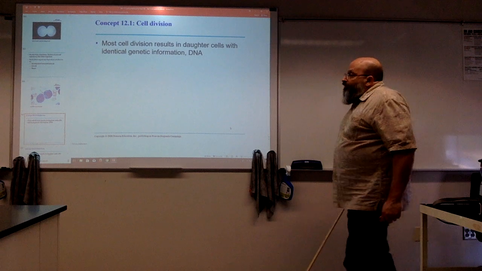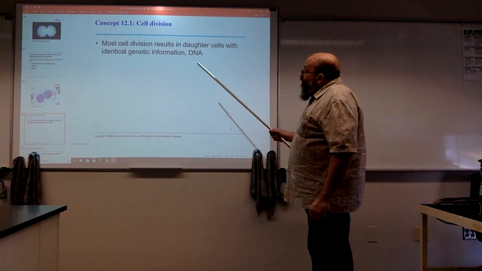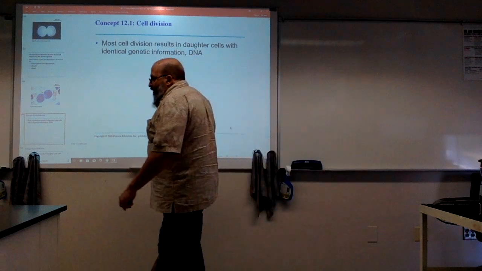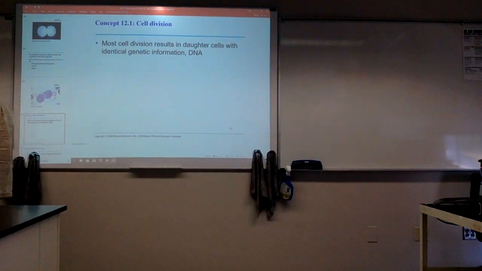Cell division. Most cell division results in daughter cells with identical genetic information. That means DNA, okay? So looking at this amoeba up here, these would be daughter cells, and they are genetically identical to each other and genetically identical to the original cell.